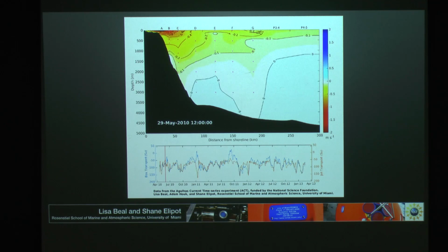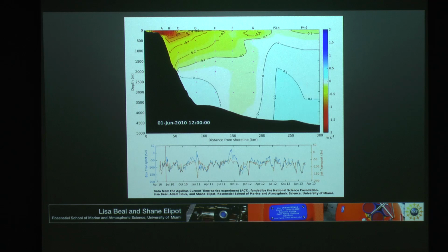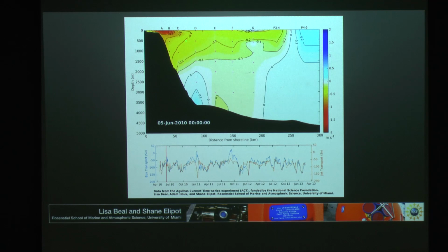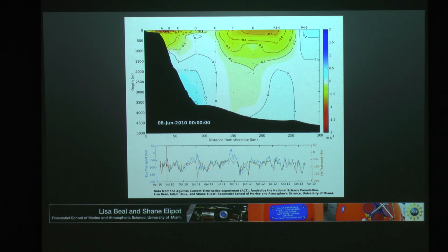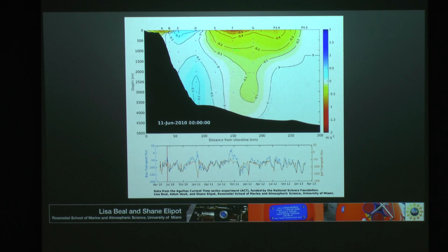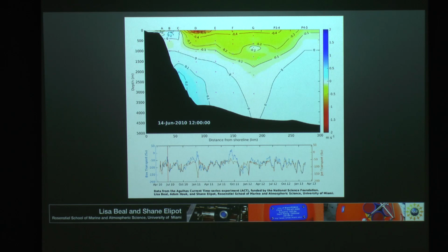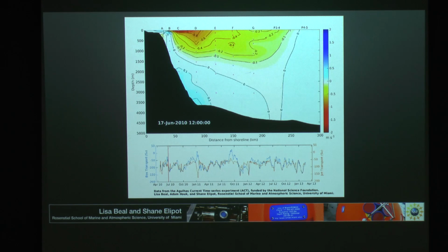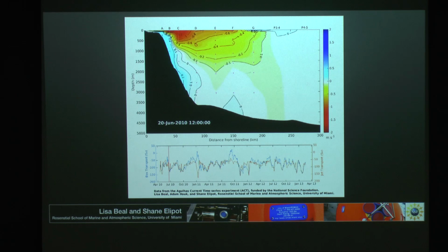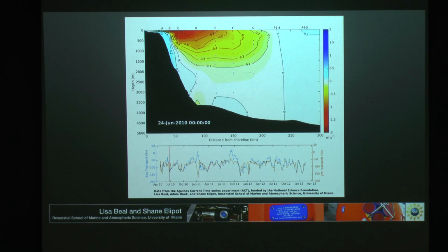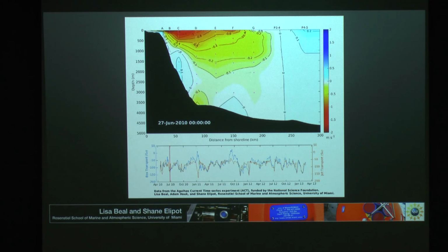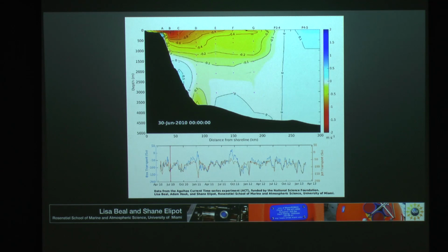It can have even a double core structure some of the time. You can see that kind of happening here. All right, and now we have a meander event. Here's the jet separated from the slope, and now it's coming back onshore. A lot of variance at short time scales.